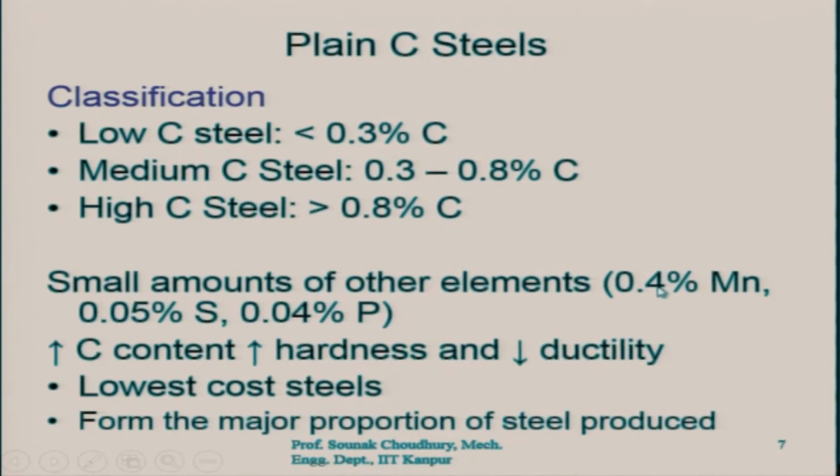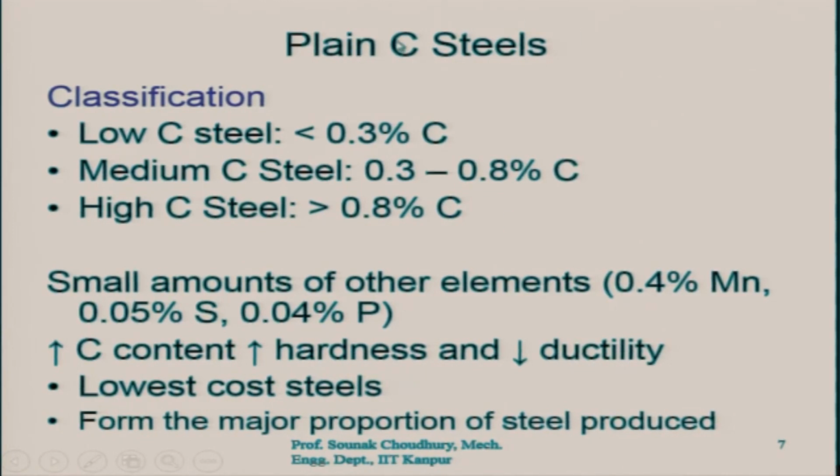You can understand that this is a very small percentage in comparison to what we have seen in the case of cast iron. The more the carbon content, the more the hardness will be, like in the case of cast iron for example, but the less the ductility. This is the contradiction between carbon content, ductility, hardness and so on.